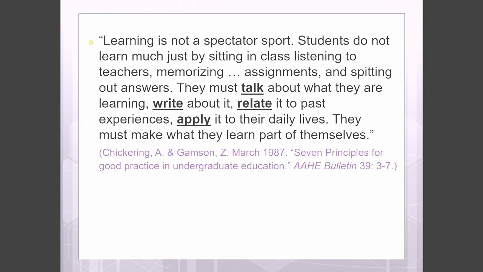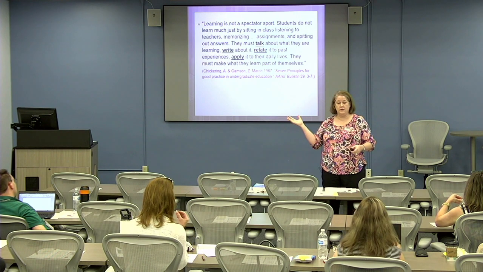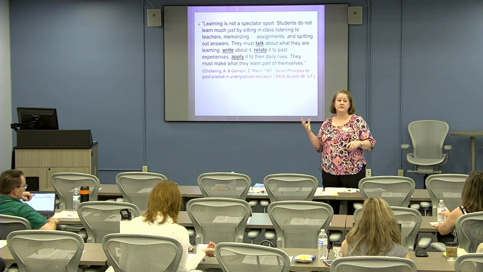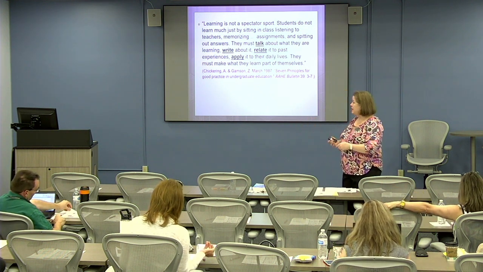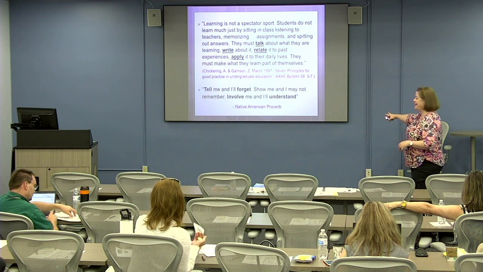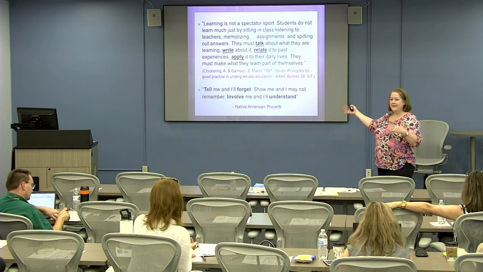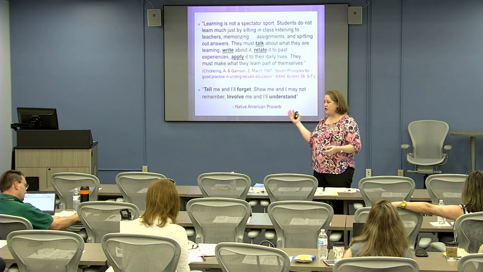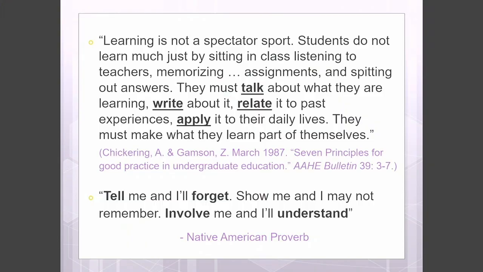It's called the Seven Principles of Good Practice in Undergraduate Education. It is kind of the Bible, essentially, of how students learn. It is still used today. And then the final one is a Native American proverb. Classic, this is what active learning is. Tell me, I'll forget. Show me, involve me, I'll actually understand and remember. Okay, so it's been around.